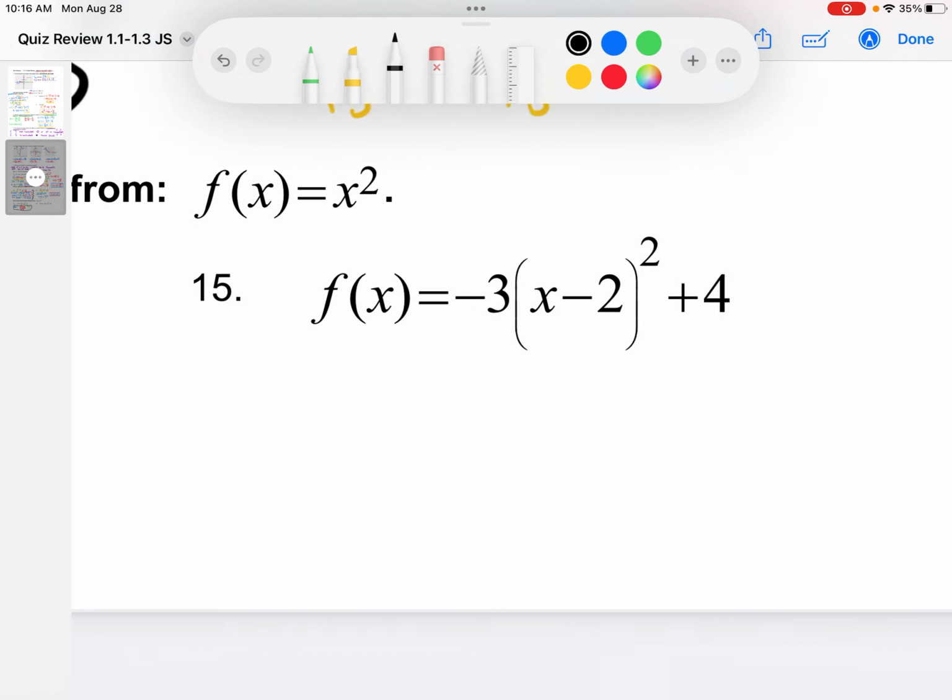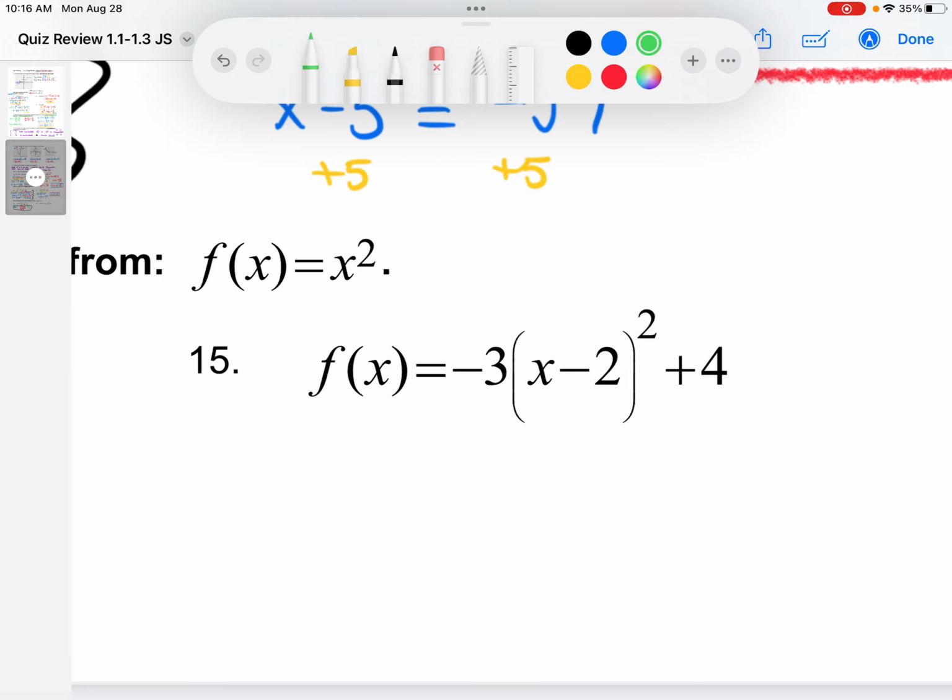Let's do the same thing on 15. Everything except the x and the square cause a transformation. Order of operations, start inside the parentheses. That x minus 2 moves to the right 2. Yes, that feels backwards. Then we look at the multipliers. We multiply by a negative 3.